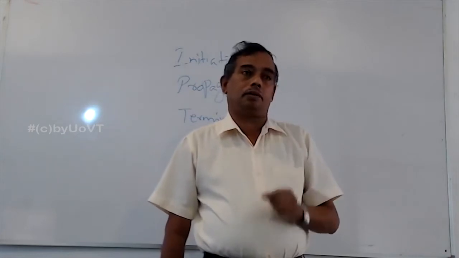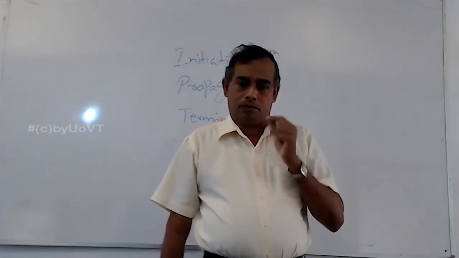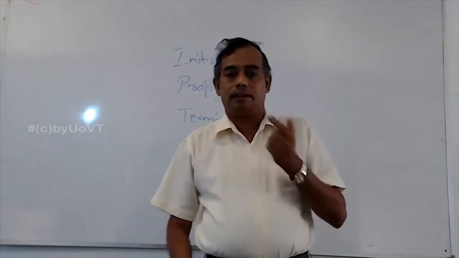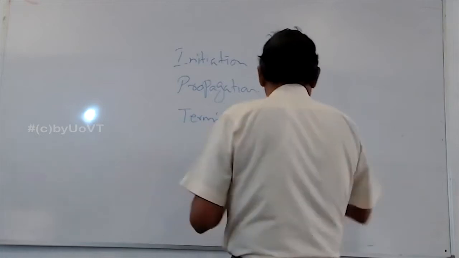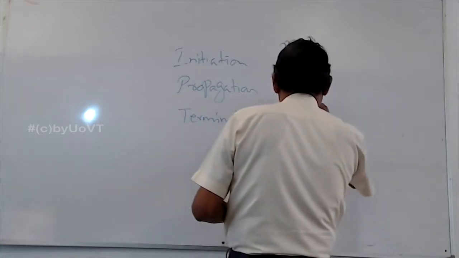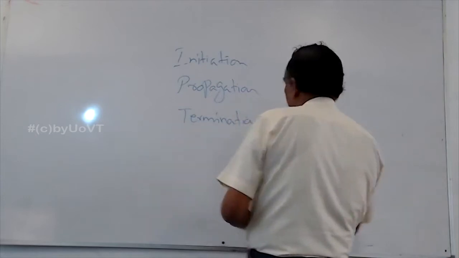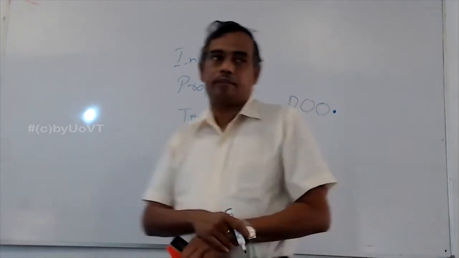If you have any question regarding alkoxy and peroxy, it is like this. Peroxy free radical we can write like this, ROO dot. The dot indicates a single electron.